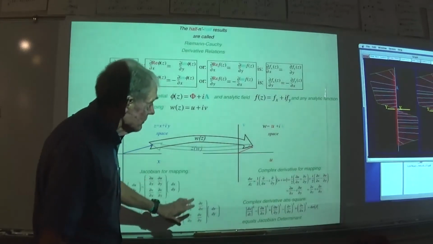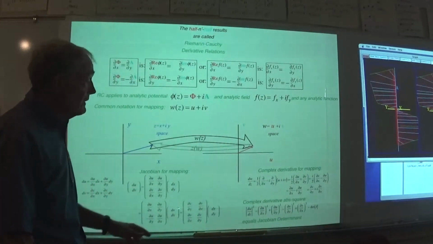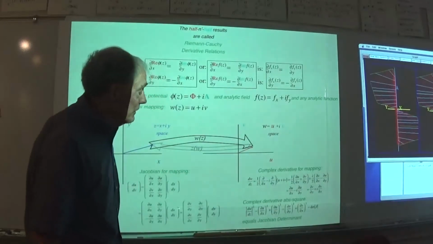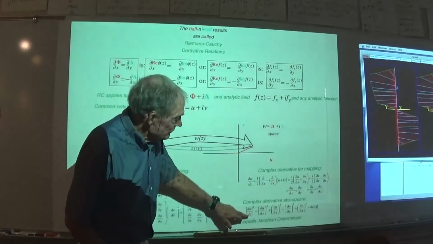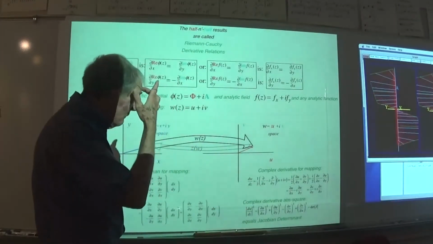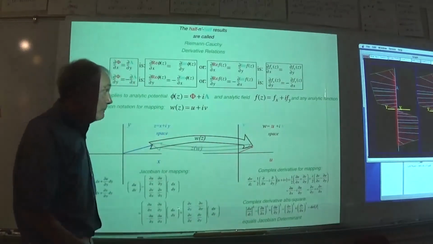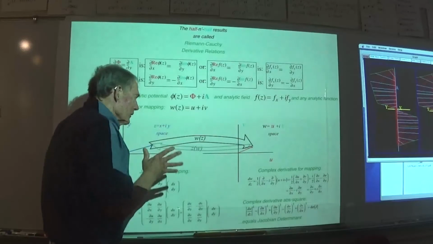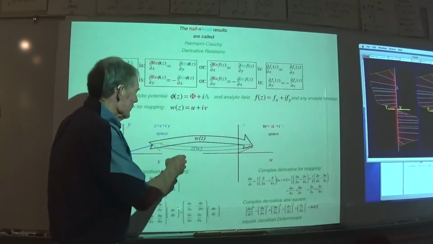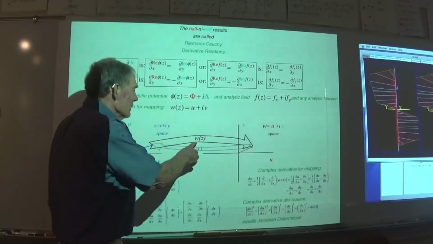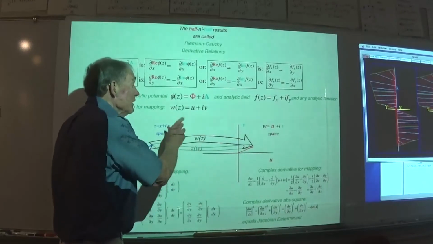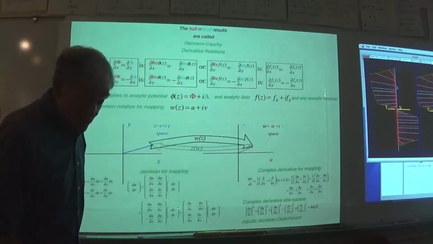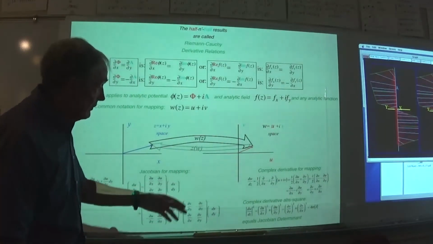So here's the Jacobian, take the determinant of that, and you get the dw dz for any function w of z. Okay, now I'm using w here, don't necessarily mean w equals 1 over z, so don't make that mistake here. It could be any analytic function of z, and you get this relationship between the Jacobian.